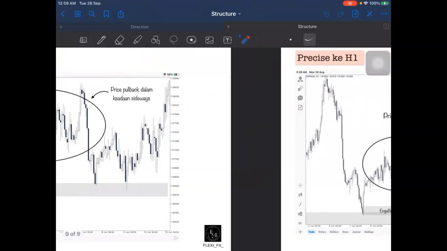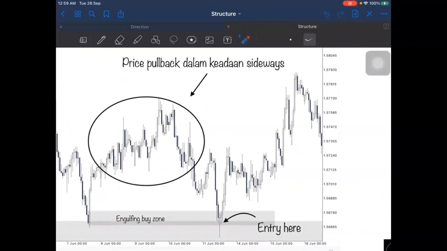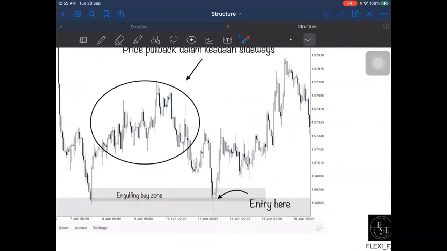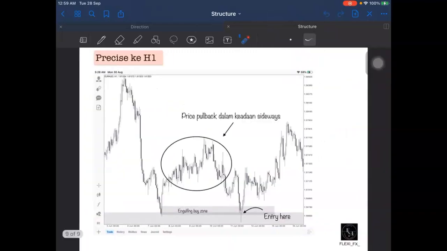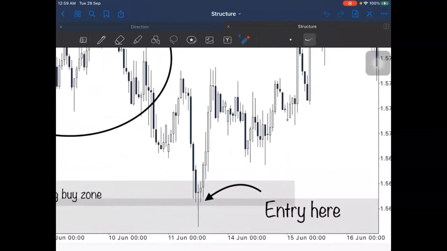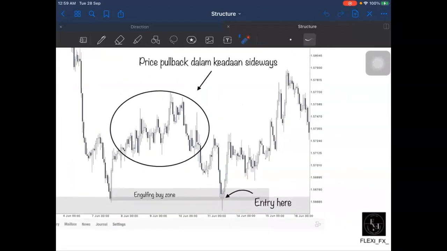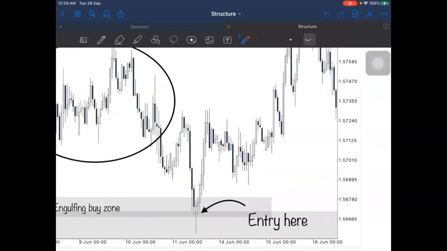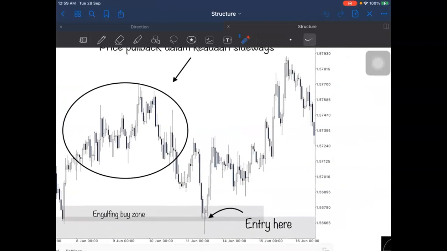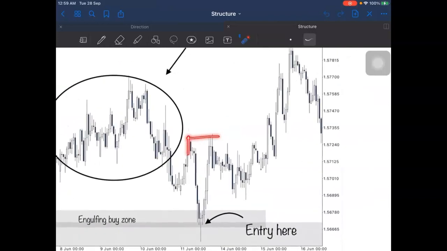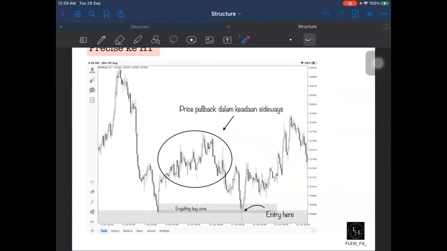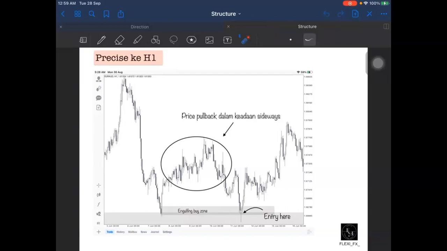Yeah, here, we have engulfing buy, isn't it? So when you have engulfing buy, where will you entry? The safest entry is when the engulfing sell over here breaks. So when it breaks, pull back, entry. But if you want to entry here, also no problem. Like I said, the confirmation entry I will explain in the last video.